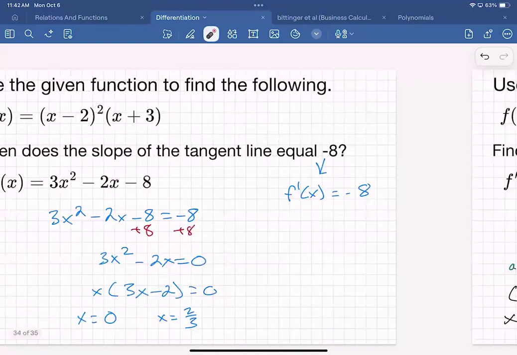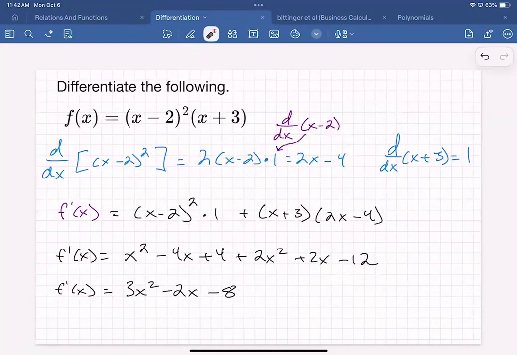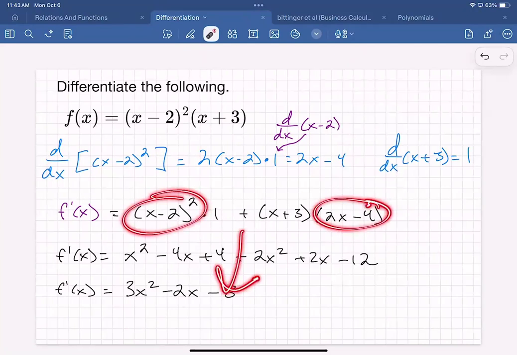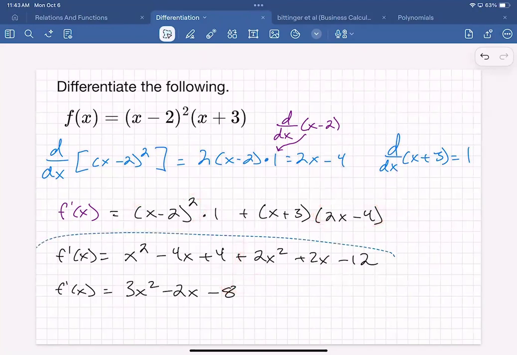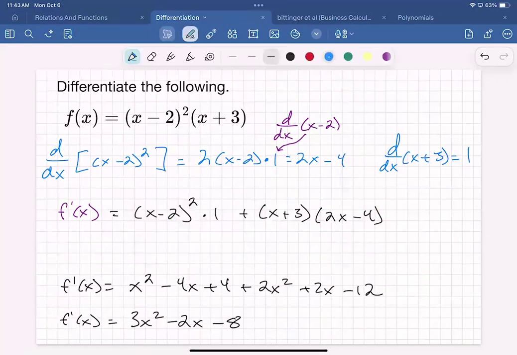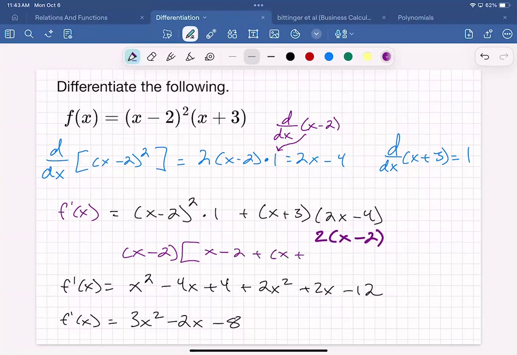Even if you go back to when we did the derivative itself, we could have factored out instead of simplifying the way we did. I didn't do it that way because simplifying is a bit more of a direct approach. But if we look at this here, this is 2 times x minus 2, right? So what I could have done is pull out an x minus 2 here. That would give me x minus 2 plus x plus 3 times the leftover 2.